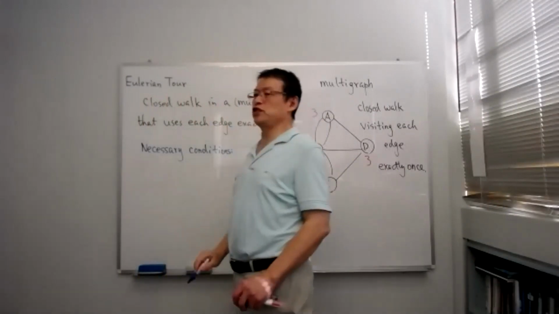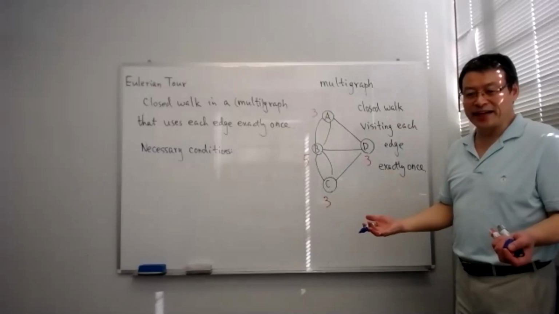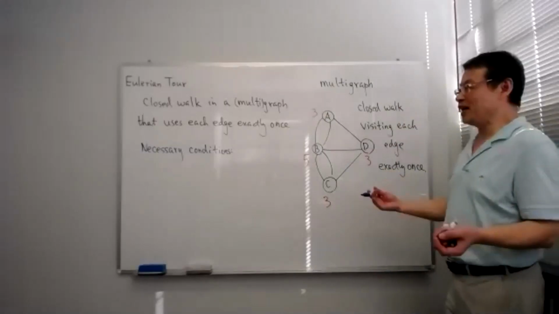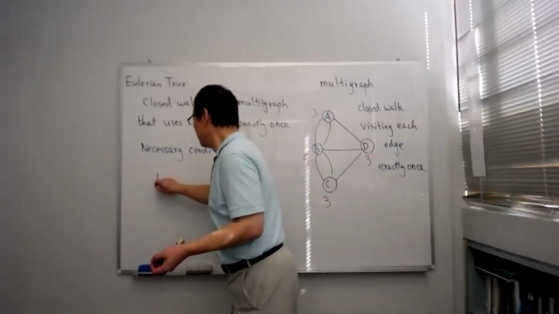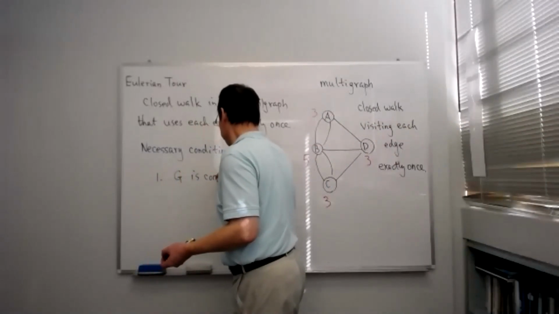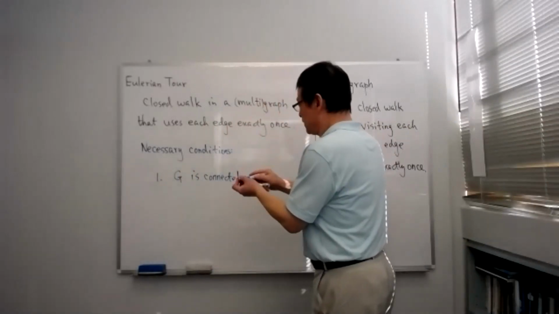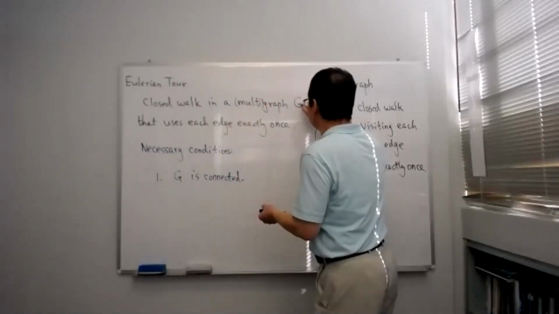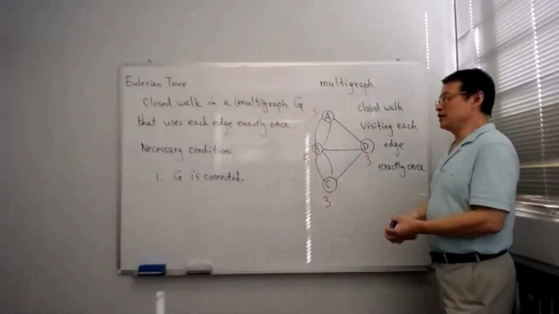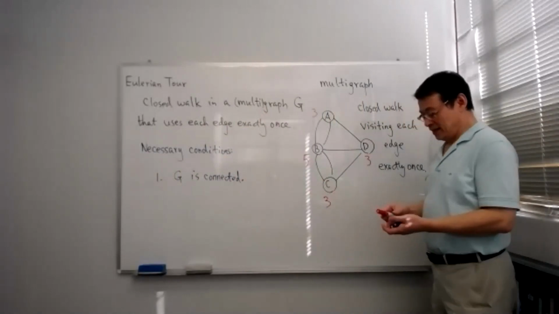It's very easy to see that, of course, the graph has to be connected, otherwise we cannot do it. Let's give this graph a name, G. The obvious condition is that G must be connected. If it's not connected, of course, we cannot do it.